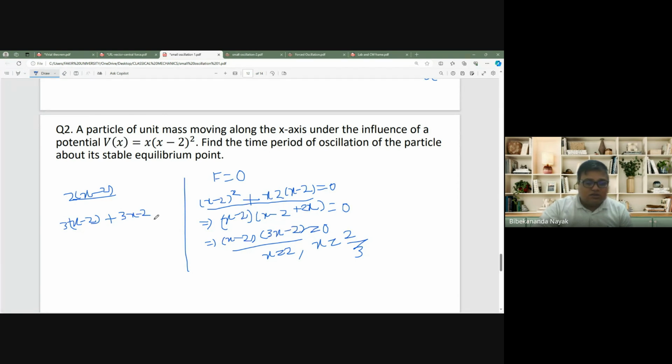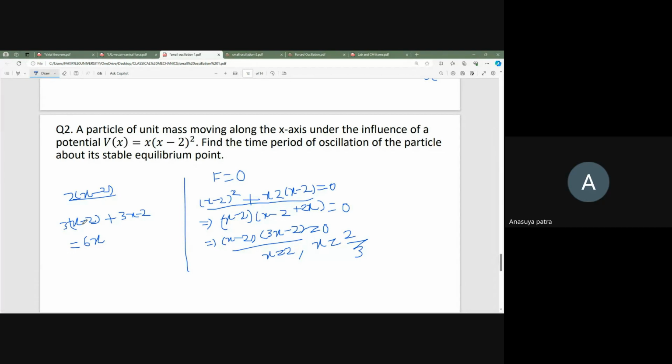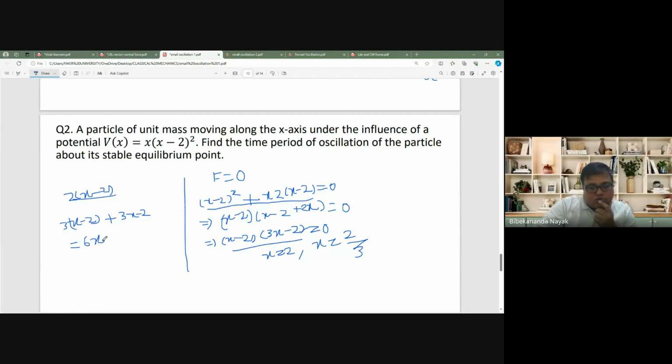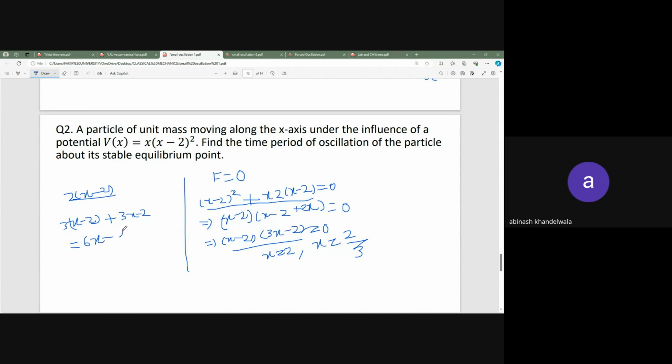So this is actually 6x and 3 into minus 2 minus 2, that is minus 8.